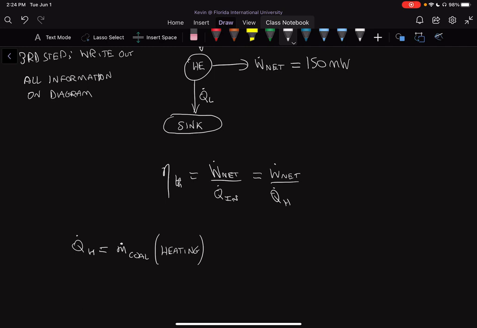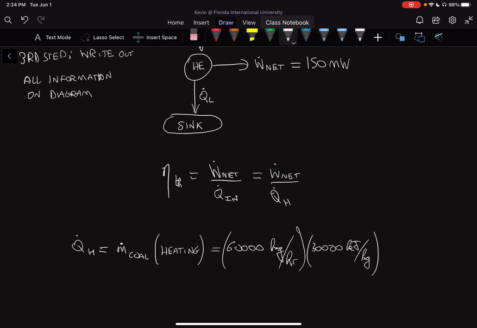That's how you know how much energy is coming out of the furnace, assuming all the energy goes directly to the top of our heat engine. So we have that this is equal to 60,000 kilograms per hour multiplied by 30,000 kilojoules per kilogram.